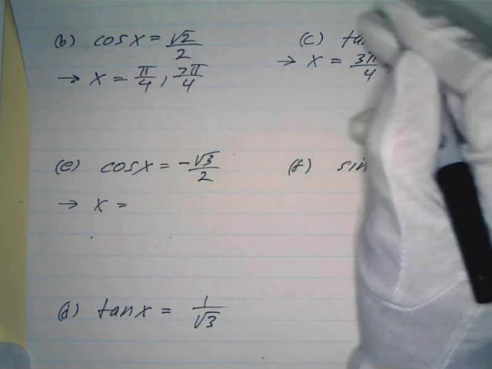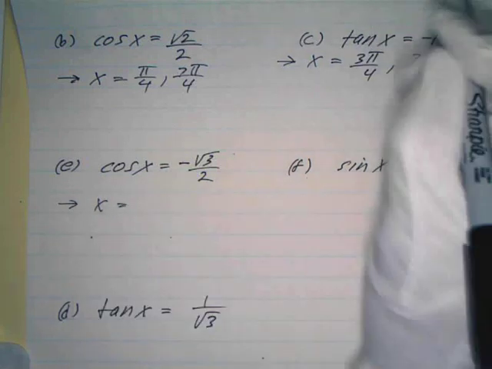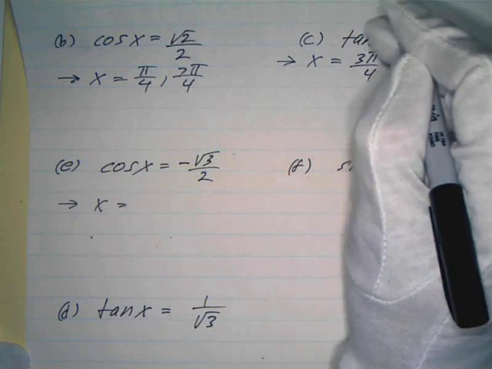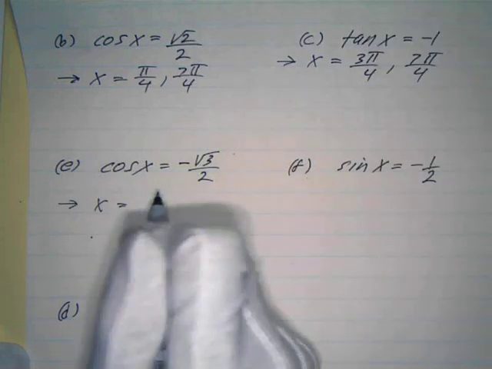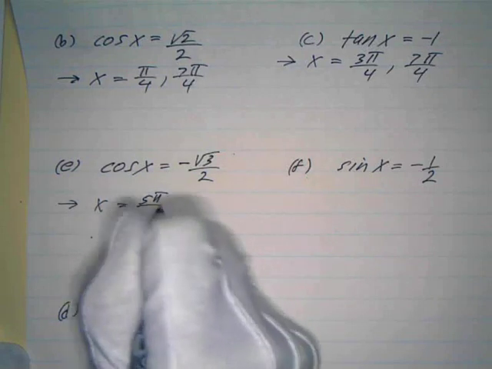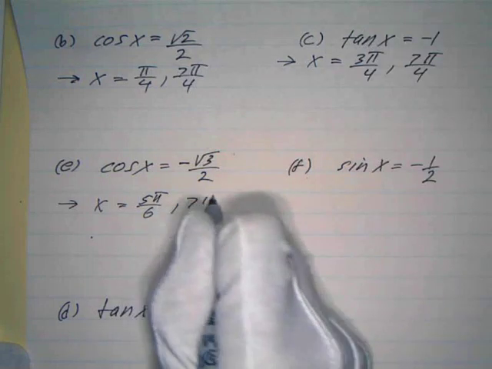So I'm sorry, I should say 5 pi over 6 and 7 pi over 6 is where the cosine of x will be negative square root of 3 over 2. So again, we have 5 pi over 6 and 7 pi over 6.